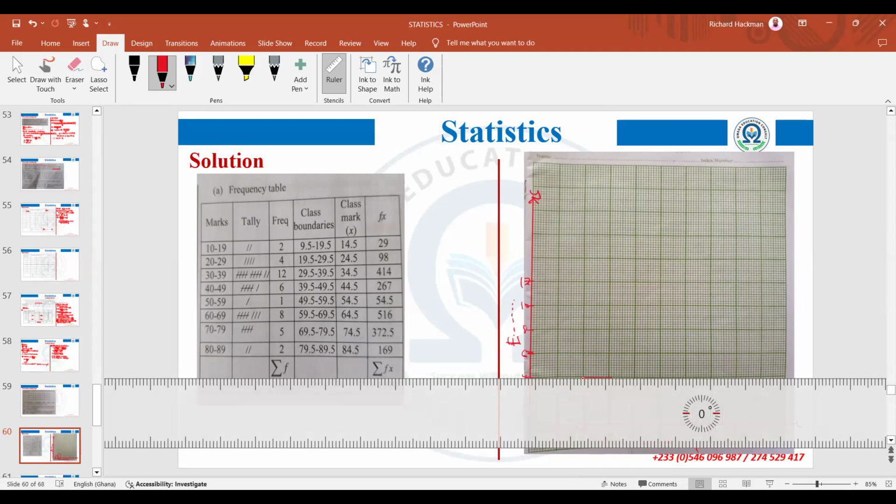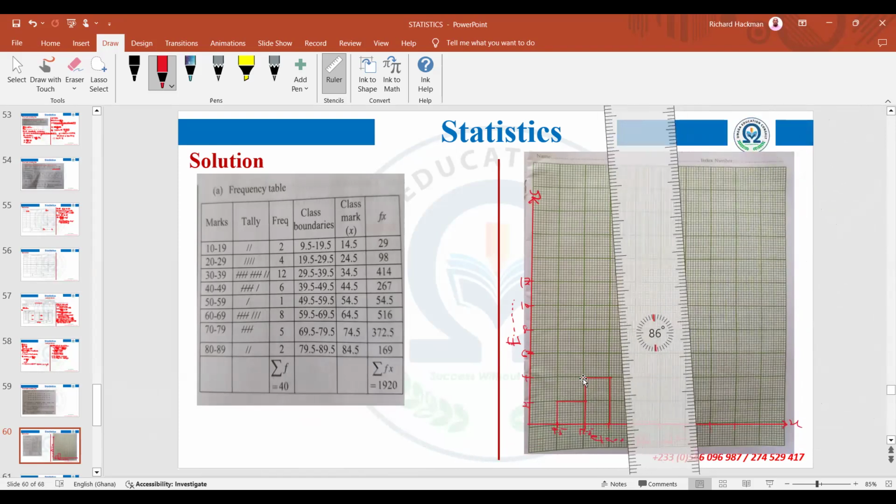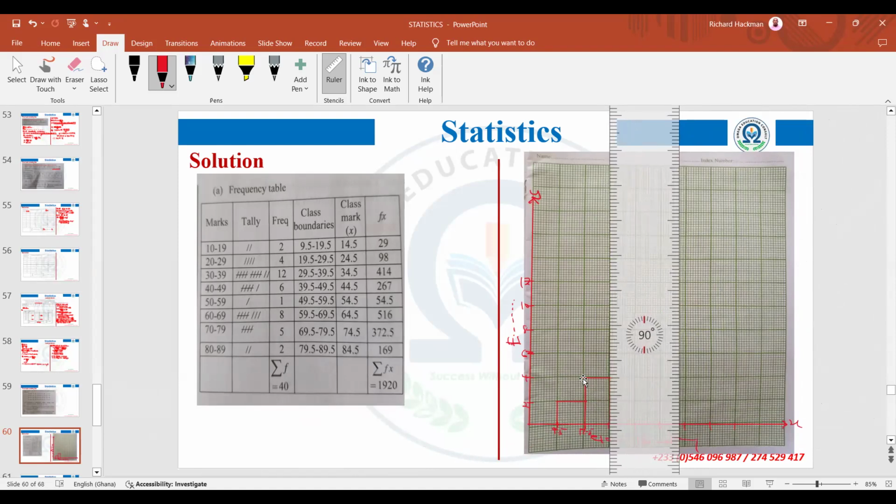Then the next one, that is the modal class, 29.5 to 39.5, and that is 12. So that will take you way up there.